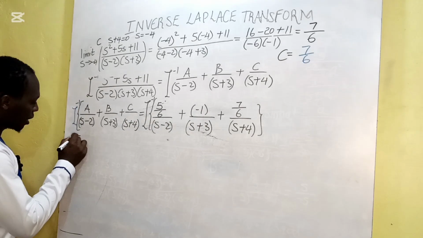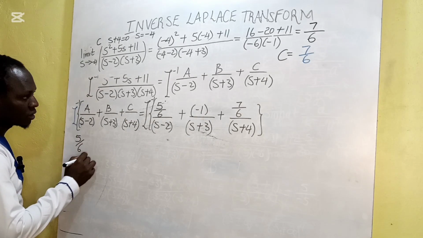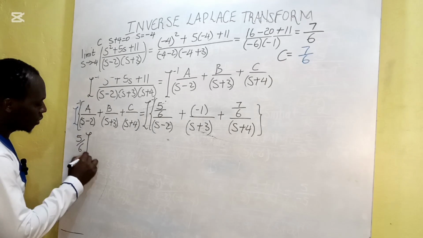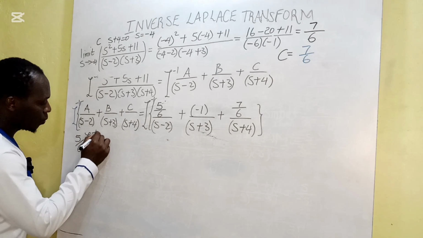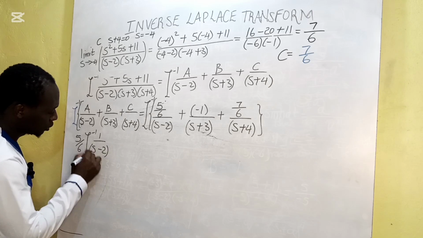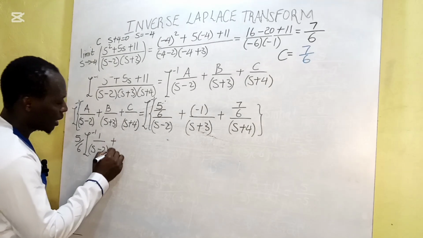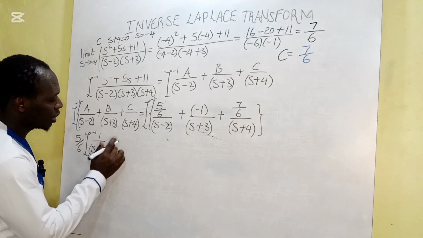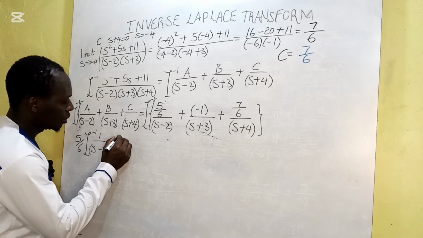We are going to have 5 all over 6 times the inverse Laplace transform of 1 all over S, we subtract from 2. We come and add 2. Here we are going to have a negative of 1.